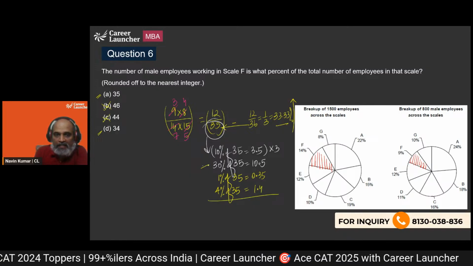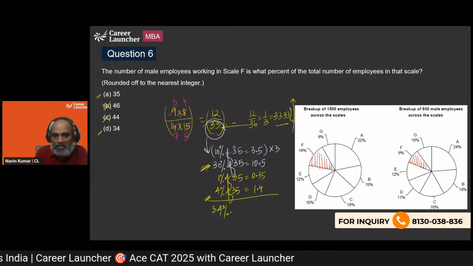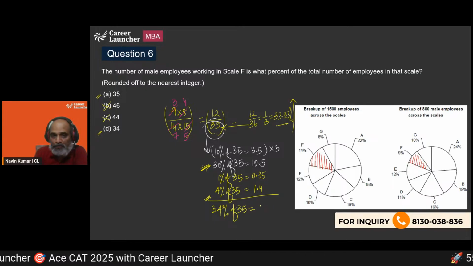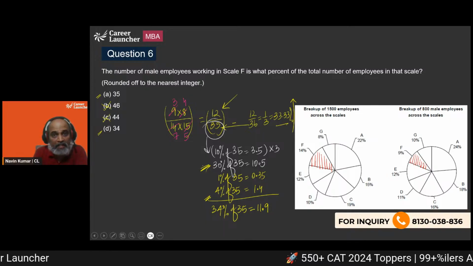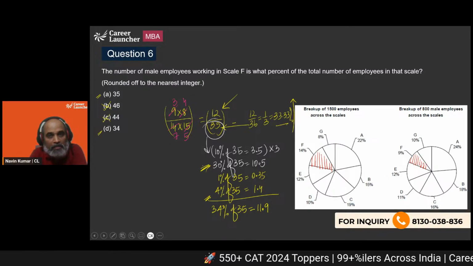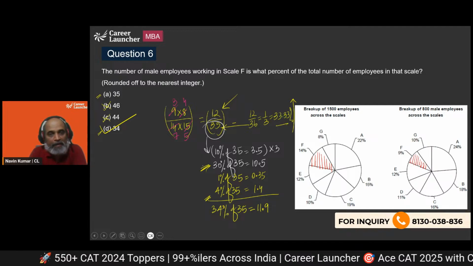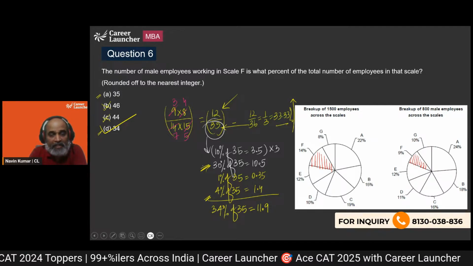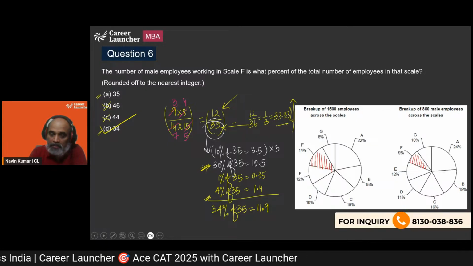So if we add these two, we will get 34% of 35, which is 10.5 plus 1.4, giving us 11.9. Well, our target is 12, so it's going to be a little more than 34%. D makes sense, right?